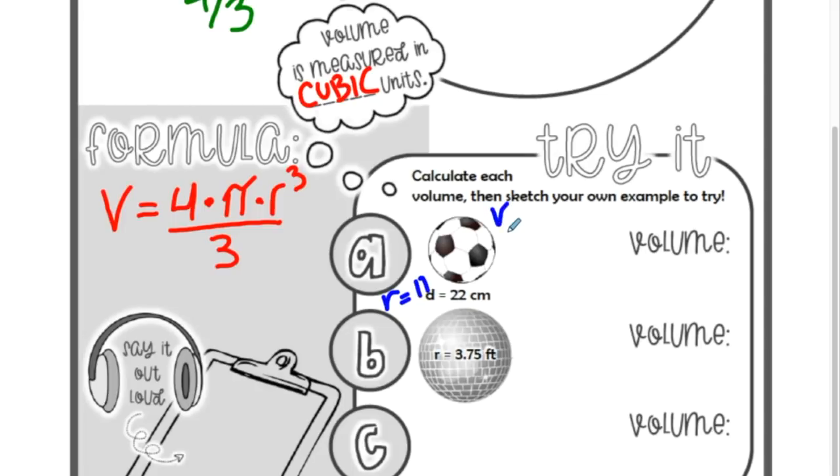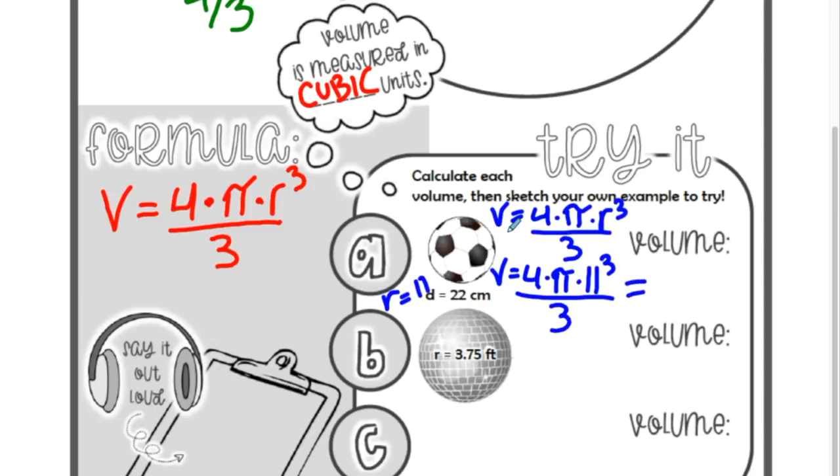So volume equals 4 times pi. All right. So we're going to still say 4 times pi times 11 cubed over 3.